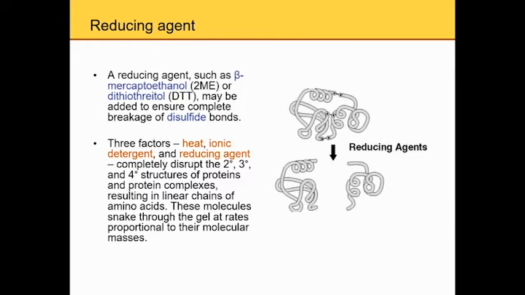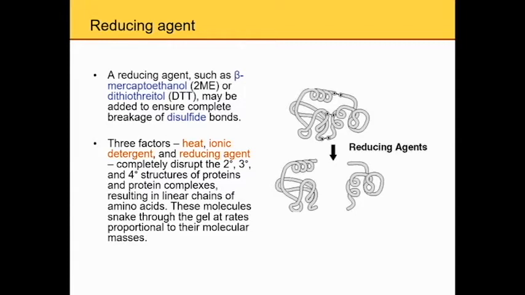To denature the protein, you need heat to break those hydrogen bonds. Remember, where are those hydrogen bonds? The hydrogen bond in the secondary structure. The hydrogen bonds are between the CO and the NH in those peptide bonds.